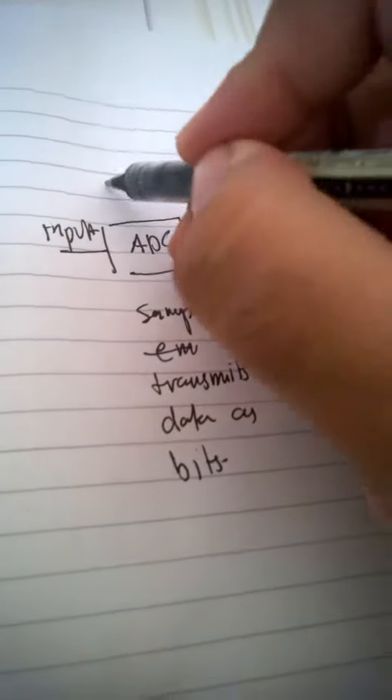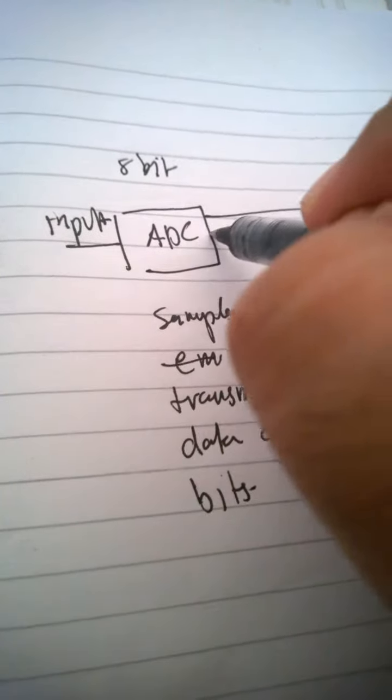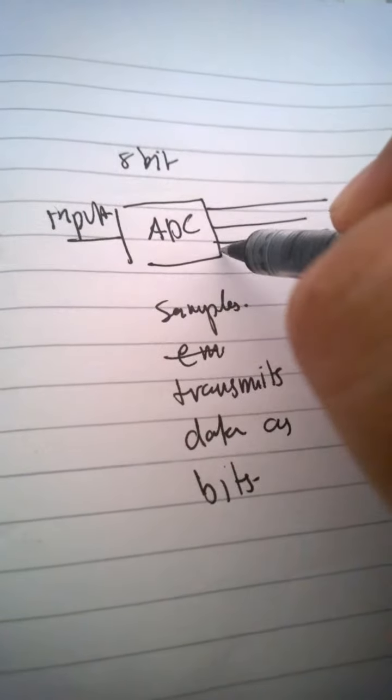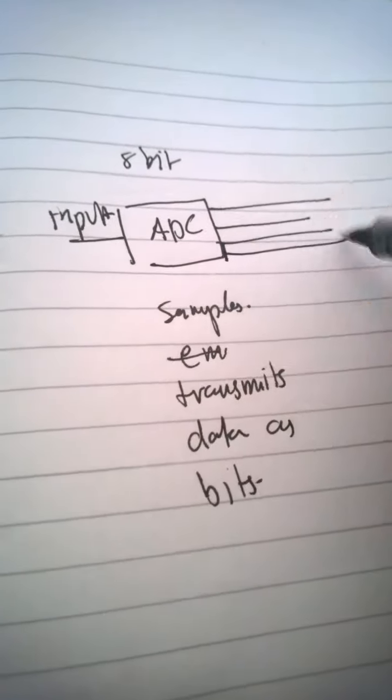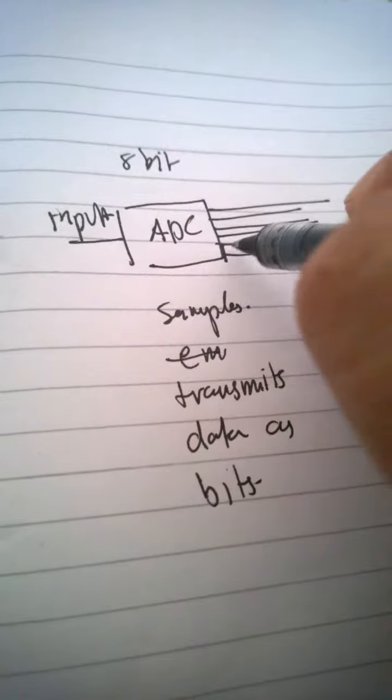If the conversion is taking place in 8-bit, then we can have 8 different channels. 1, 2, 3, 4, 5, 6, 7, 8.